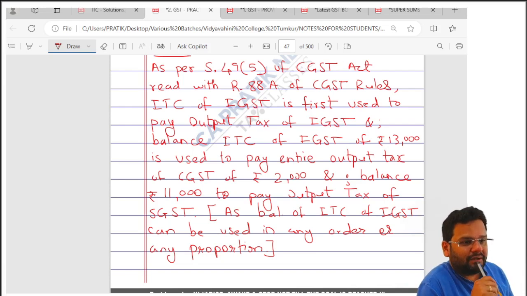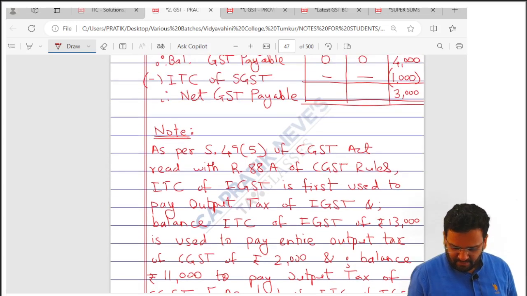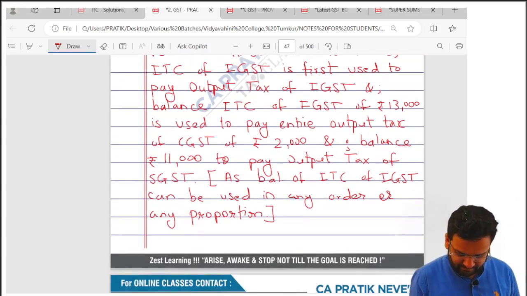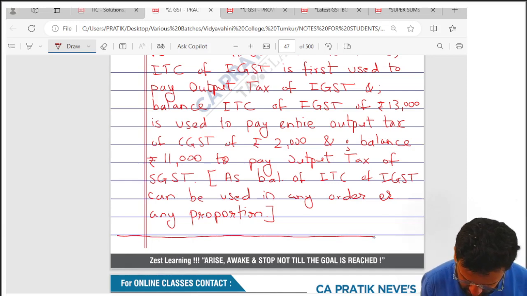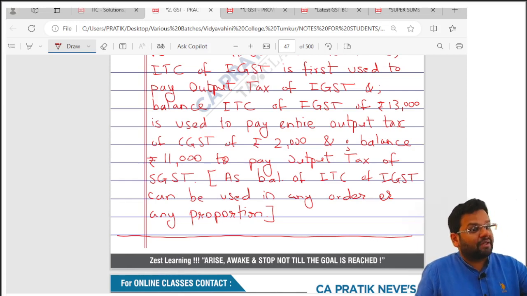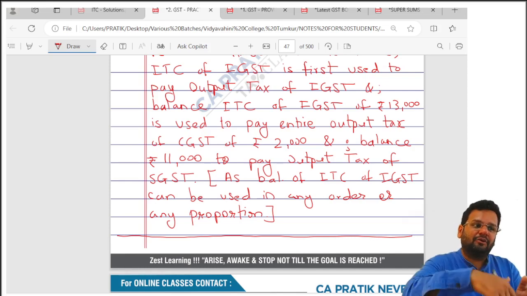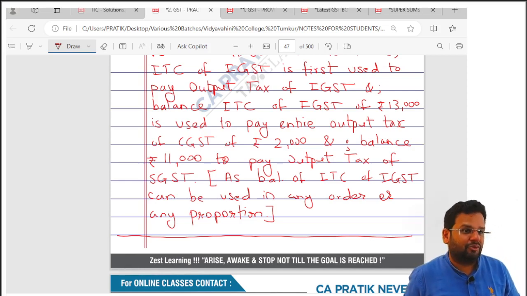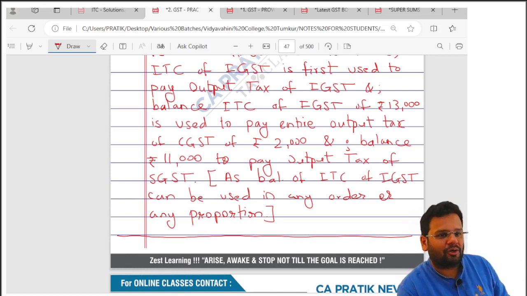Means can some student get some other answer? Yes. Acha, could you have used equally, 6,500, 6,500? You could have used equally. But then you will have to pay more in cash and you will carry forward extra. So it's like having money but still taking a loan. It's not technically wrong, but it is not rationally correct. There is a difference.